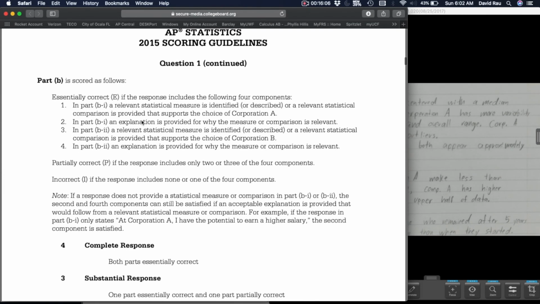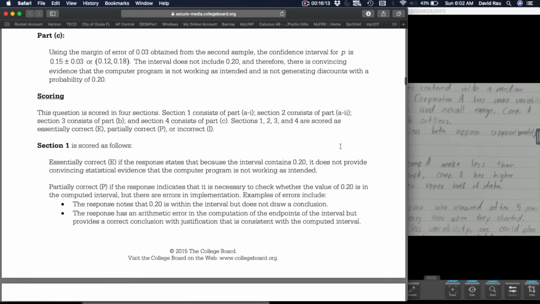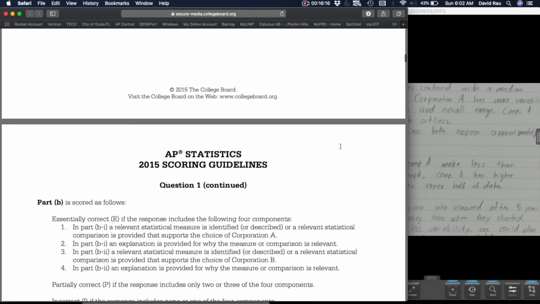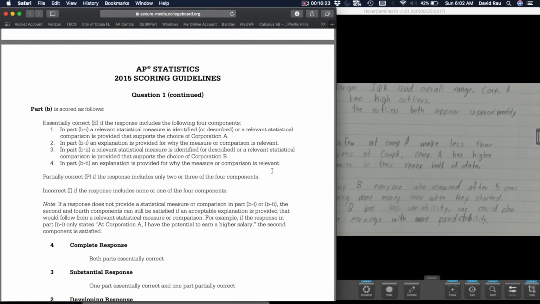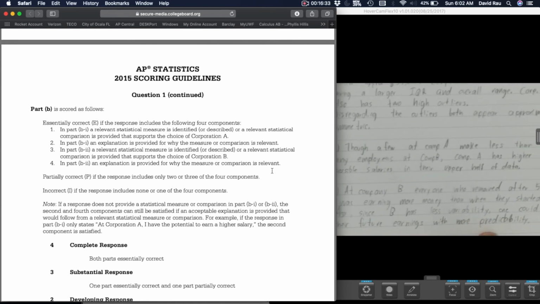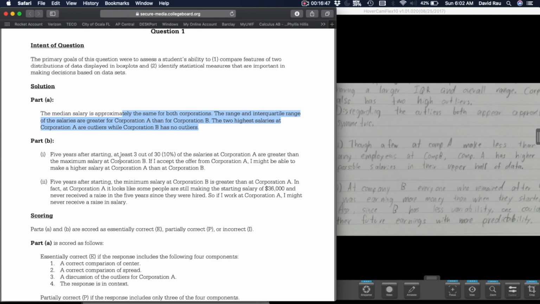Okay. Part B. Did I give a relevant statistical measurement? Oops, lost it. So this is where I think I might not have done as well as I thought. Yeah, so in other words, being a lot more precise with theirs, I think I could have worded this more precisely.